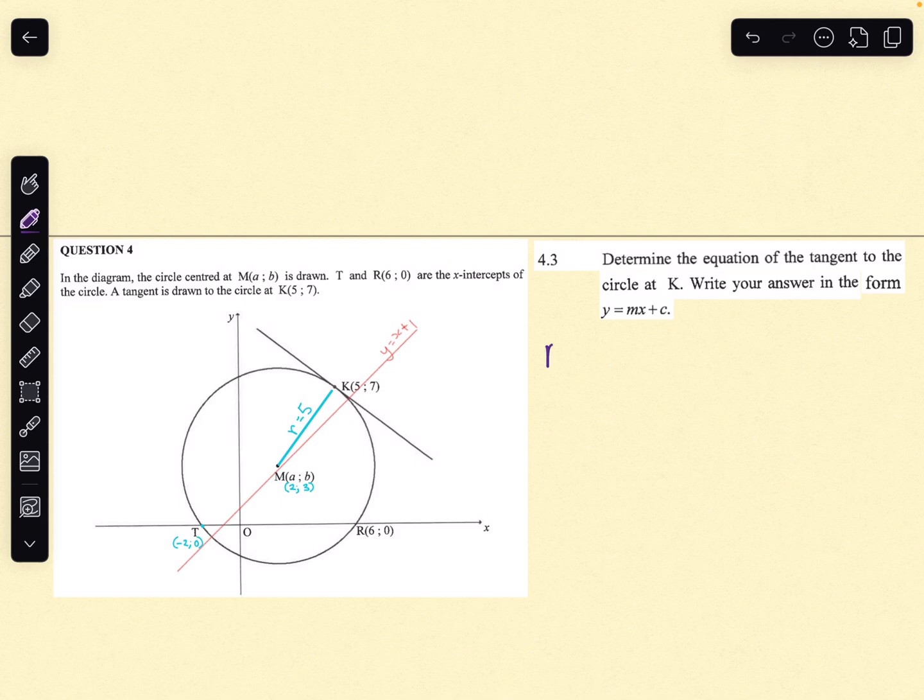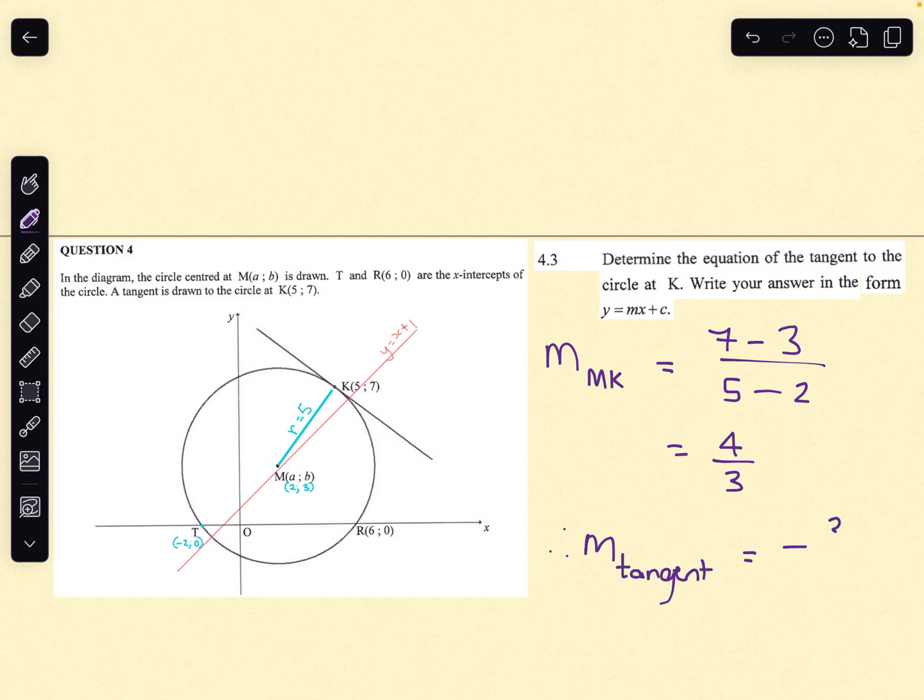Okay, so the gradient of mk is equal to, this is just gradient formula, right? So that is 4 over 3, and so therefore the gradient of the tangent passing through k is going to be the negated reciprocal of that, right?